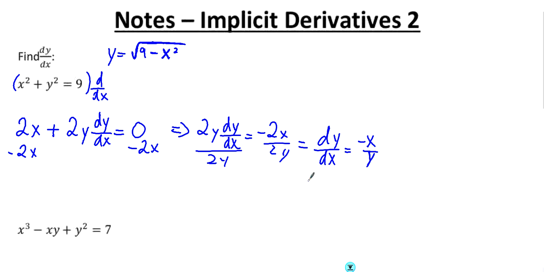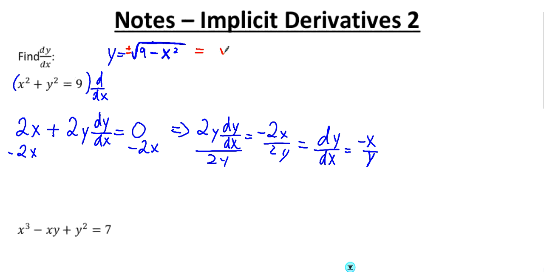Now, if we had done it the other way, as the square root of 9 minus x squared, we would have had to remember that there's a plus or minus there, because when you take the square root of a square, it could be positive or negative. If you just have the positive one, you get the top half of the circle. If you use the negative one, you get the bottom half.